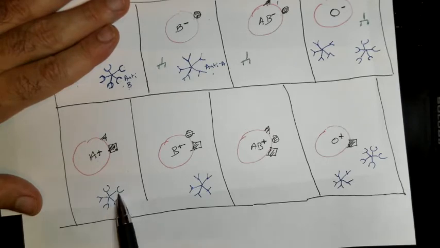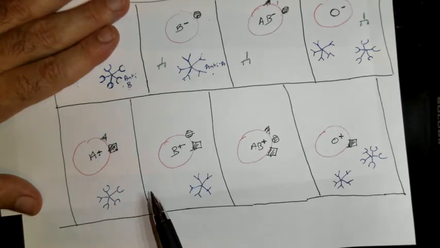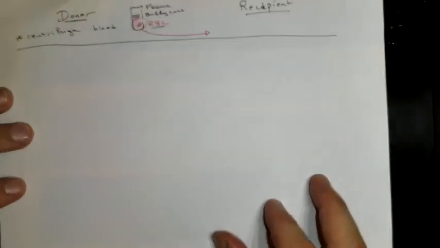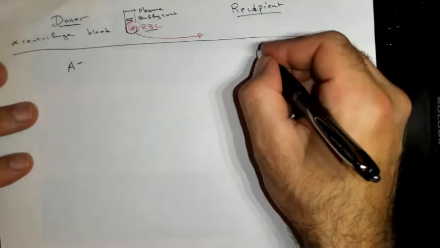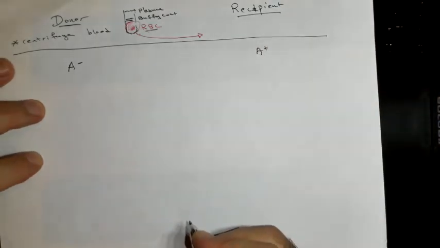And you ask yourself, can the plasma attack? And so what I do for all of these is I actually draw out little pictures for myself. So here's the first one. The donor is going to be A negative, and the recipient will be A positive.